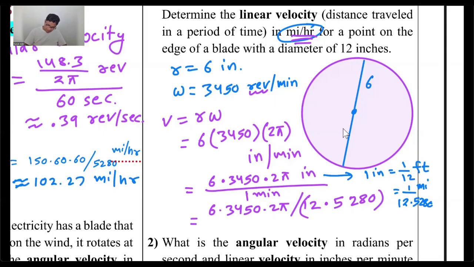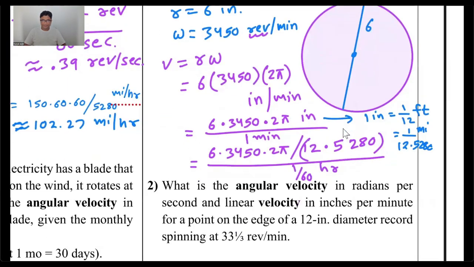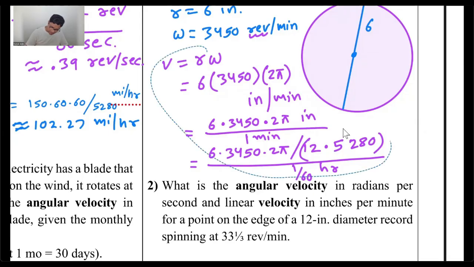And what about the denominator? Divided by 1 minute, and we need to convert it to hours, and that is 1 over 60 hours. I'm going to erase this to avoid confusion and decrease the font.